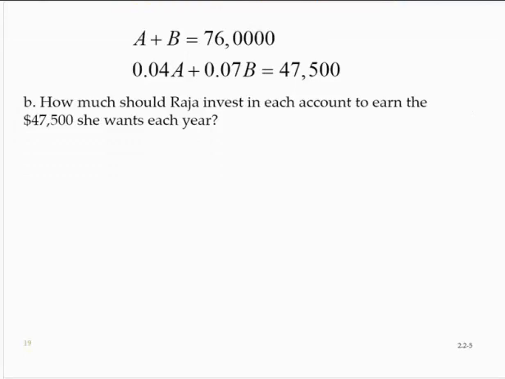How much should Raja invest in each account to earn the $47,500 she wants each year? To figure that out, we need to solve the system. To solve this system, I'm going to use the substitution method, and although there's no variable that's already isolated, this first equation can easily be rewritten.